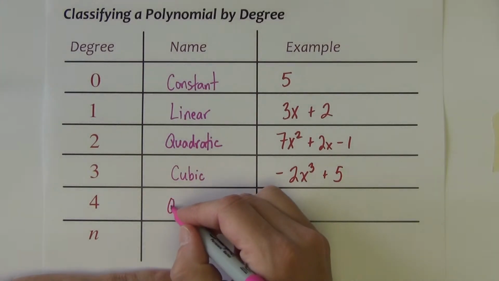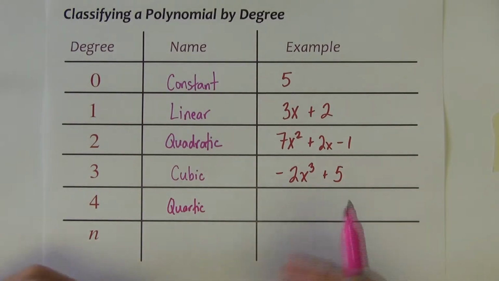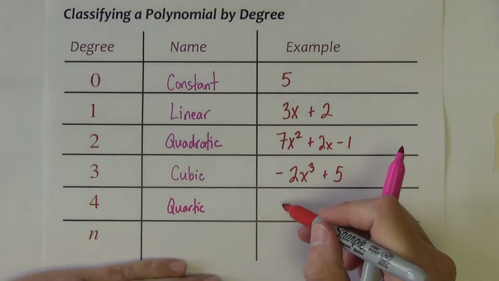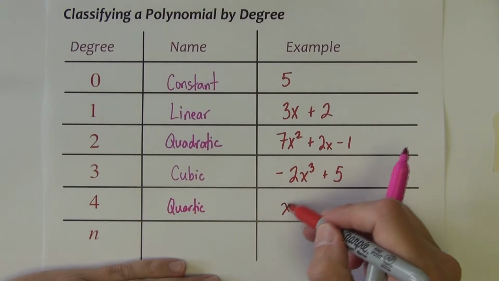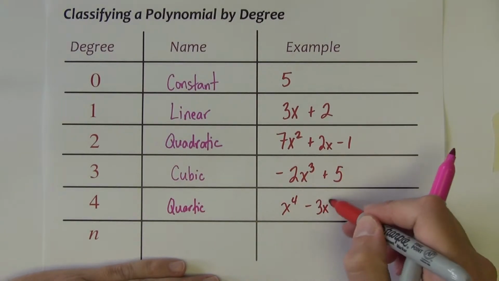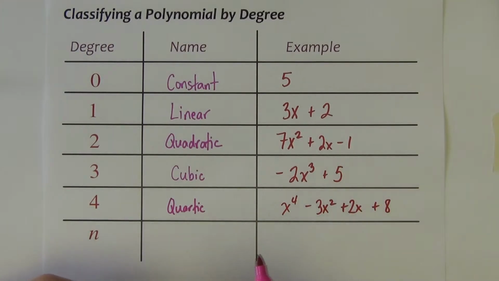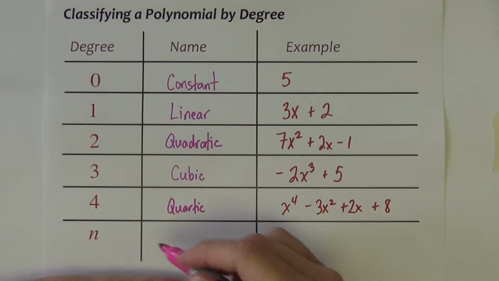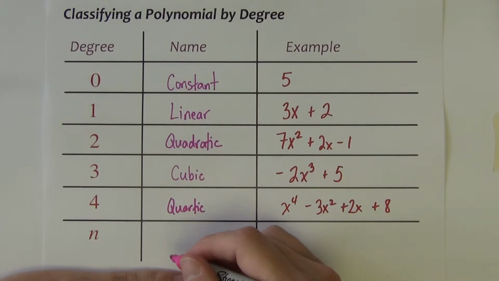Fourth power we call quartic. An example of that would be anything with the fourth power that's the highest term, like x to the fourth minus 3x squared plus 2x plus 8. That's a quartic polynomial. Highest power is 4. It's a degree 4. Now there are names for higher powers yet, but really I'm not going to bother you with memorizing all the higher powers than fourth.